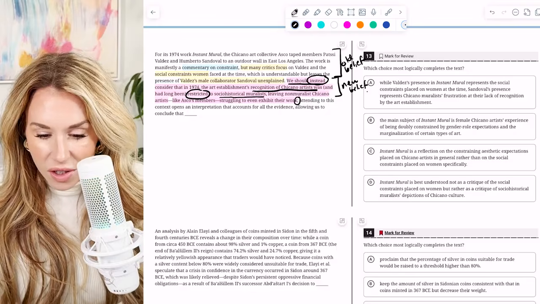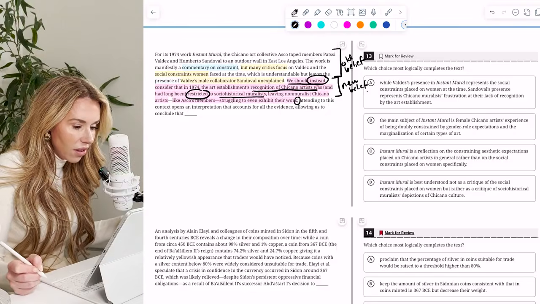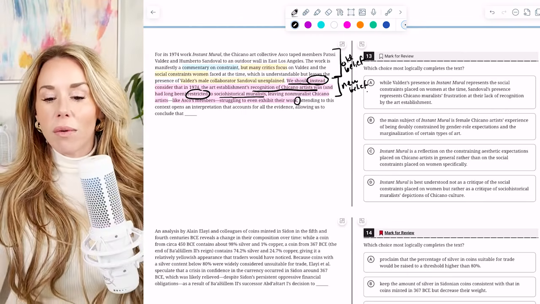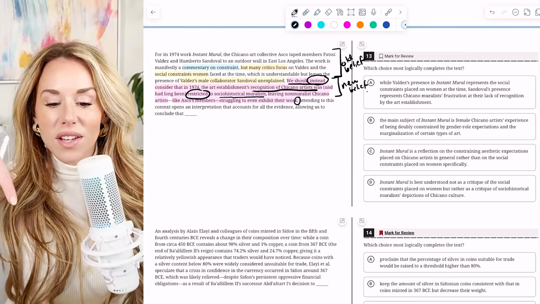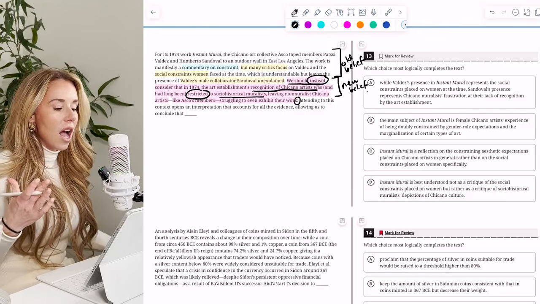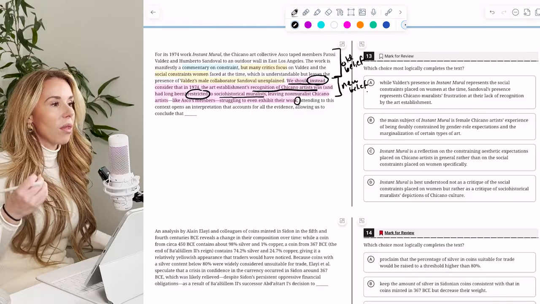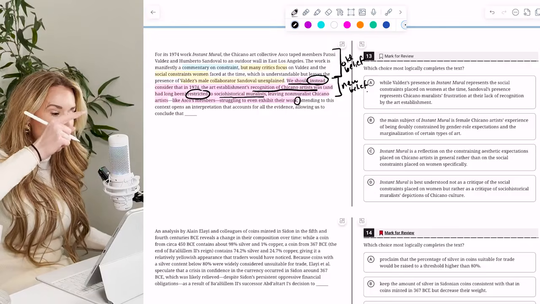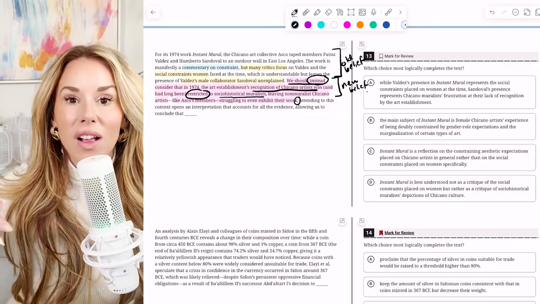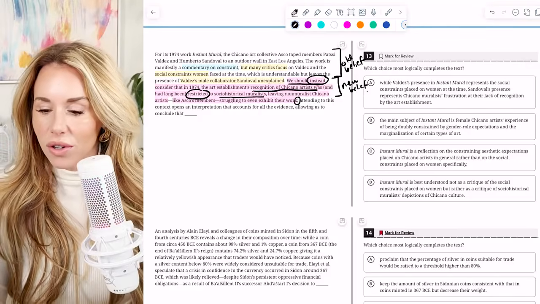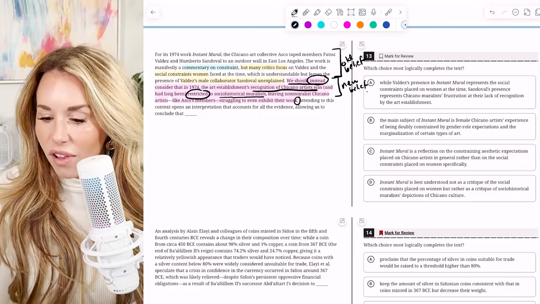Attending to this context opens an interpretation that accounts for all the evidence, allowing us to conclude that, to me, the 1974 work, Instant Mural, is basically a commentary on how they're having a tough time showing their work, which is why they taped it up to an outdoor wall to make it like a mural. So let's look at the answer choices and try to find something that reflects that.